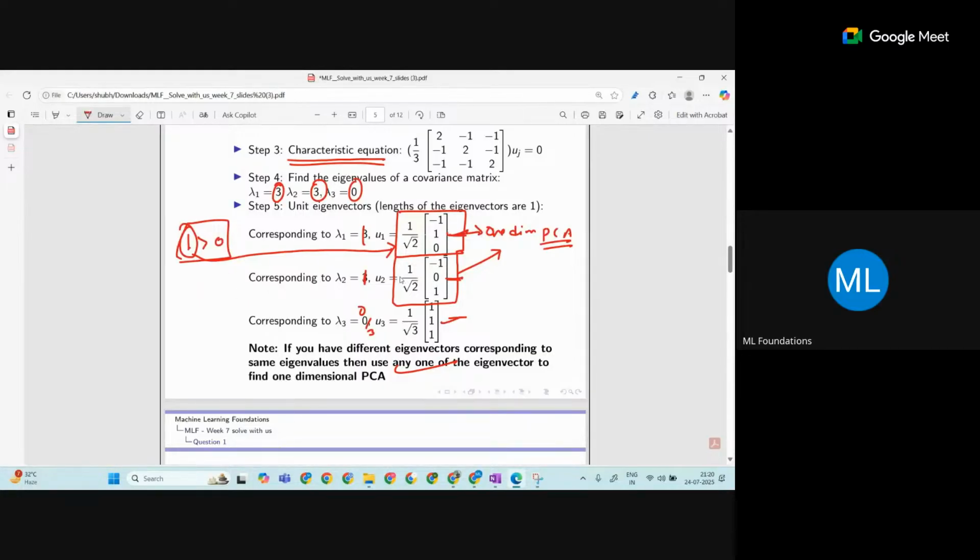This is your one-dimensional PCA. If two-dimensional PCA is asked, then both directions will be chosen. But if it is three-dimensional PCA, then you will choose the third one also. Whether one-dimensional, two-dimensional, three-dimensional or four-dimensional PCA is asked, according to that you will choose the eigenvectors one by one.